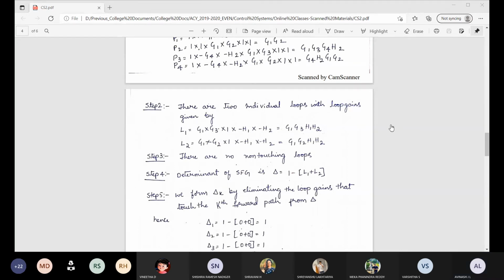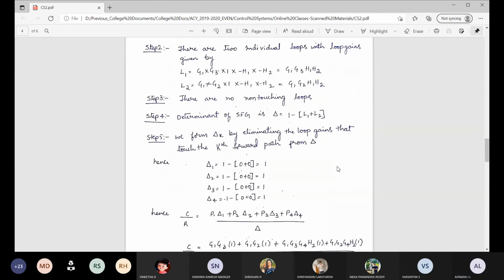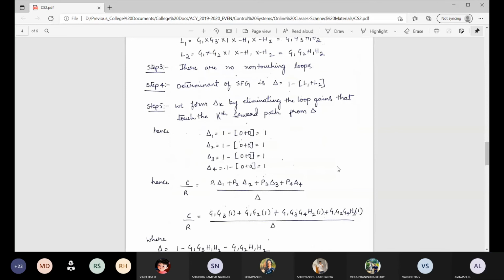Correct? So delta 1 will be equal to, okay.